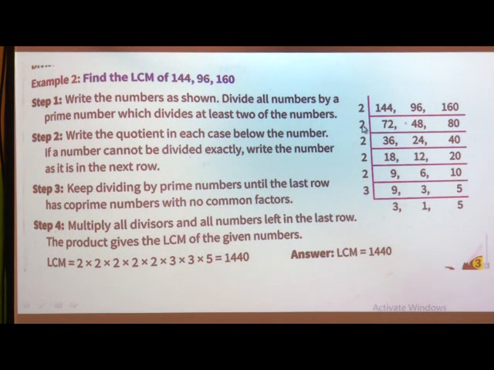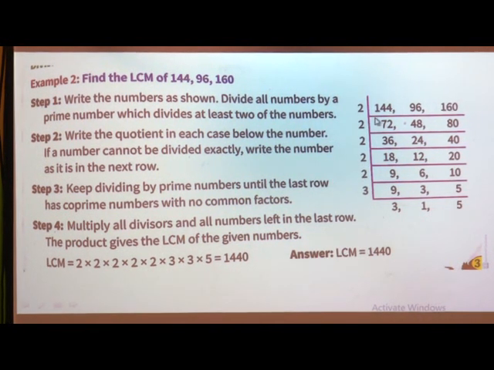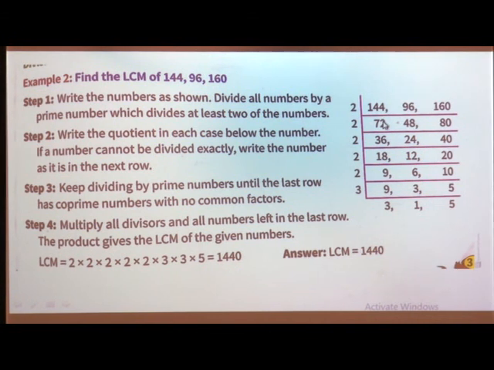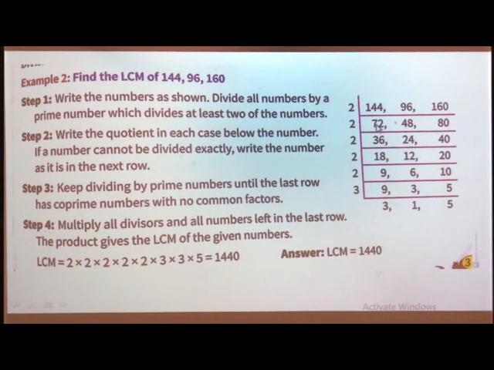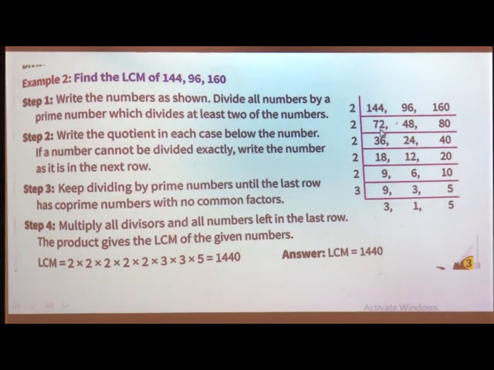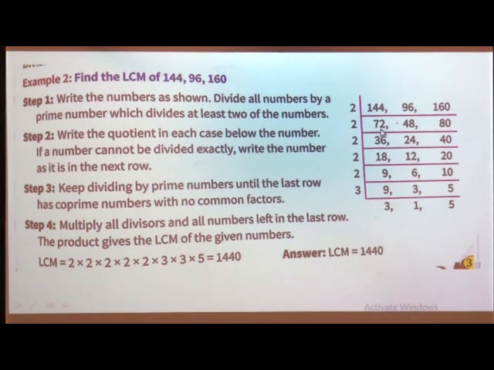We already learned this in HCF and LCM by prime factorization. If it is a large number, we do this division separately, the practical division of that number, and we write the quotient here.